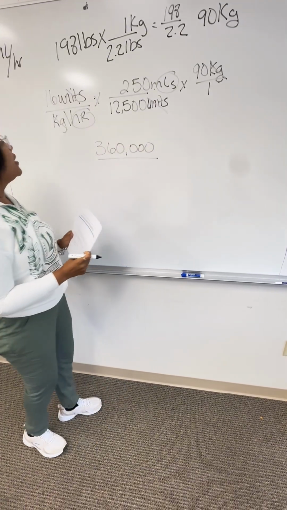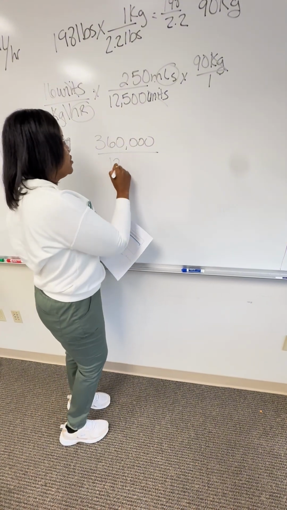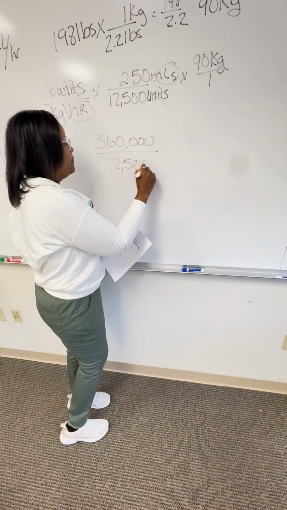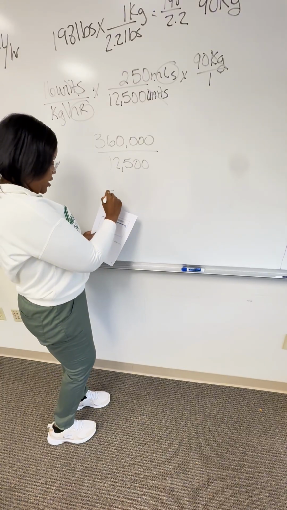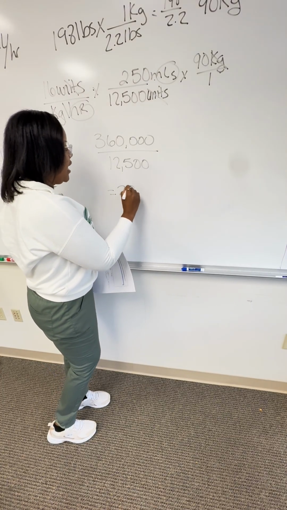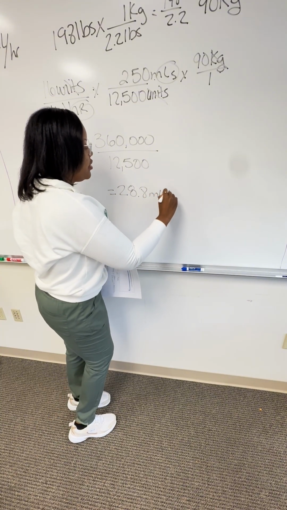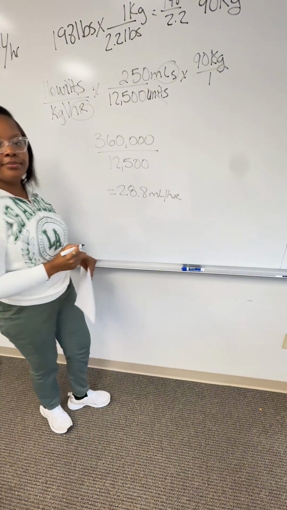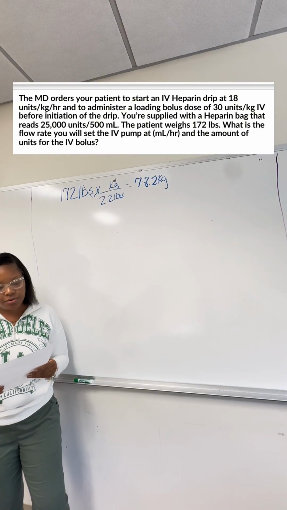And then we're going to multiply 1 times 12,500, which just gives us 12,500. And we're going to put this in the calculator, and we're going to get 28.8 mLs per hour.